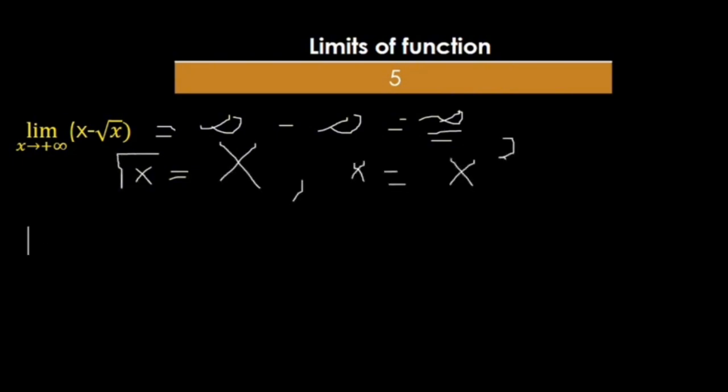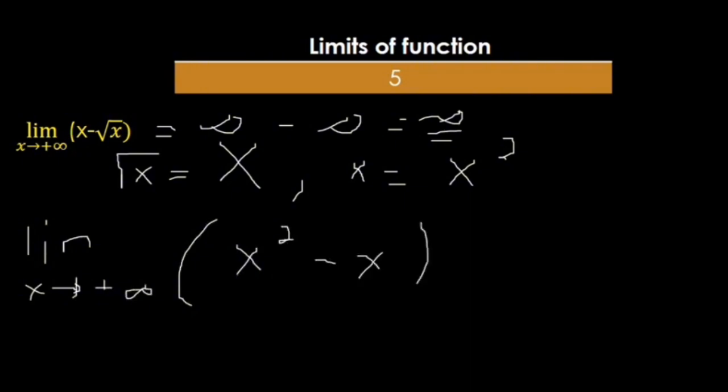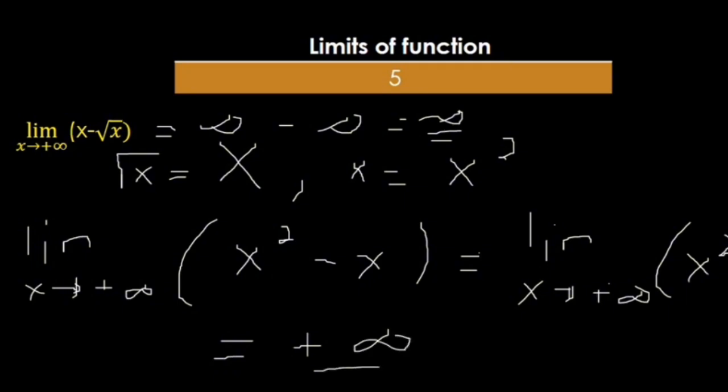That is the limit as x tends to plus infinity of X square minus X, and using the preponderant term, that is X square, and the answer will be plus infinity. Okay, let's move to the next question.